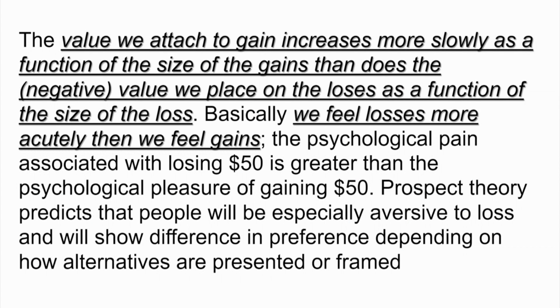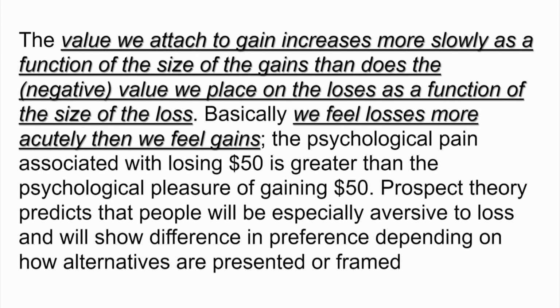And so, this is the kind of prediction that the prospect theory makes. Now, the value attached to gain increases more slowly as a function of the size of the gain than does the negative value we place on the loss as a function of the size of the loss. And so, what it basically says is that as the amount of gain increases, the function of gain increases very slowly. So, larger gains will show you a smaller increase in happiness, whereas even smaller losses will show a larger increase in sadness.